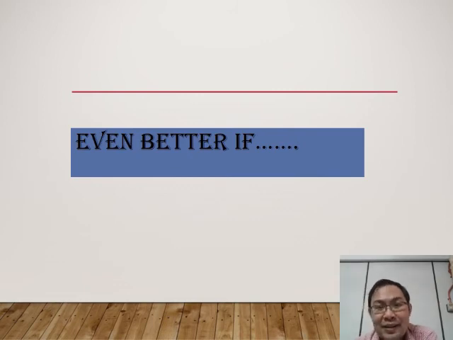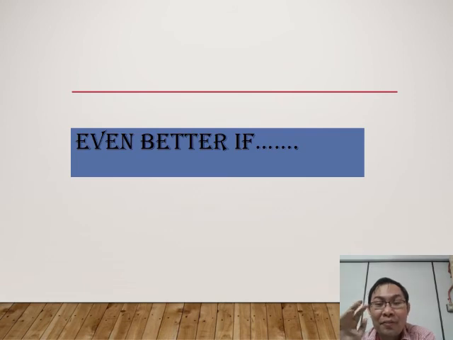For the next lesson, we will be talking about the different things on how you can make your review even better. I will give you some time. You can look at the following things on how you can make your review better.